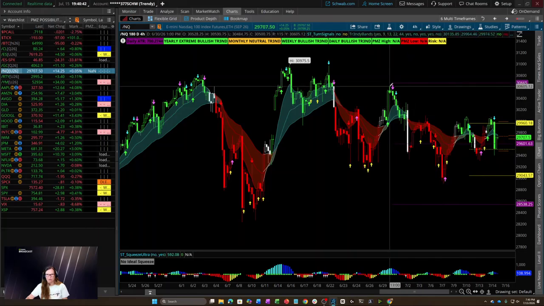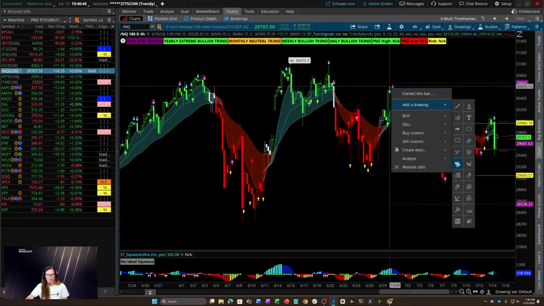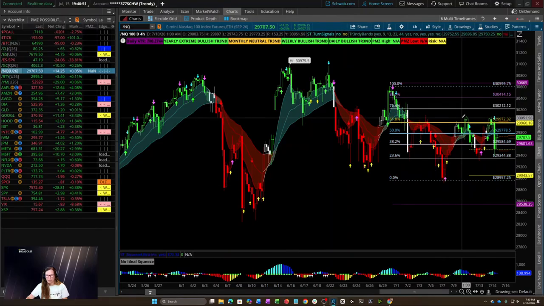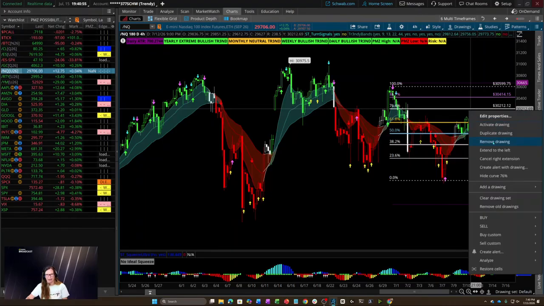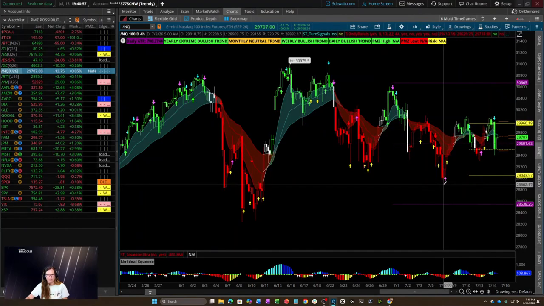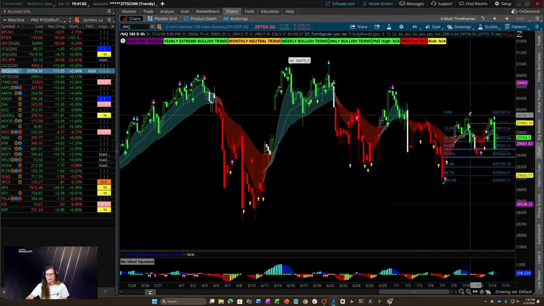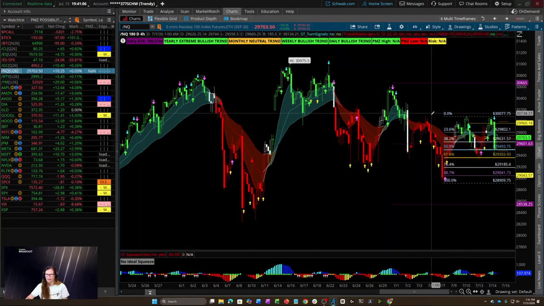The more you do this, the more you're going to be able to see the most current range. See how the 618 was broken? That's not the range to measure. Like I said, I knew that this was the range to measure just because I've been using this tool every single day on every single chart for quite some time.